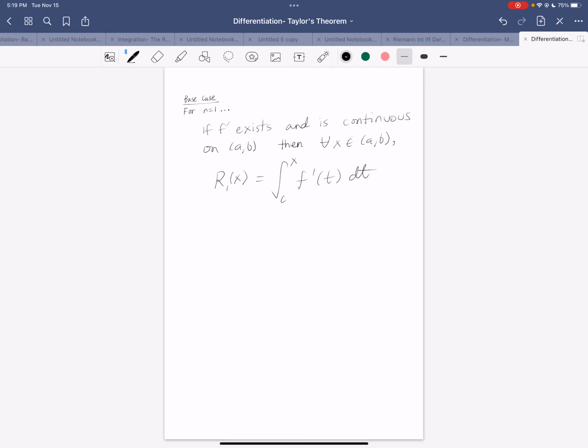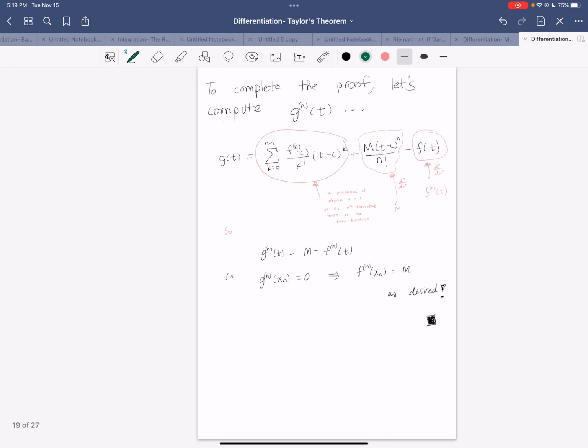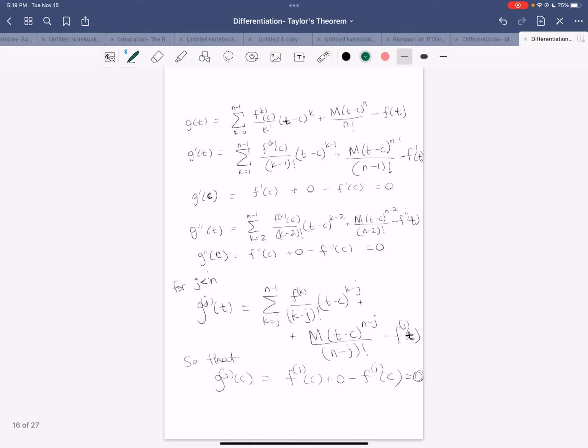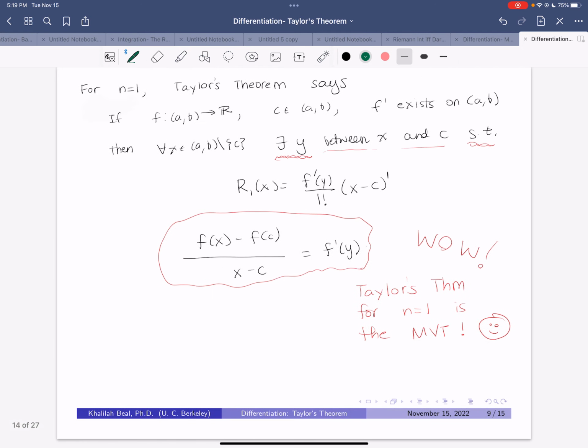Okay. Now, what is R1 of x? Well, we computed this before. R1 of x was f of x minus f of c.